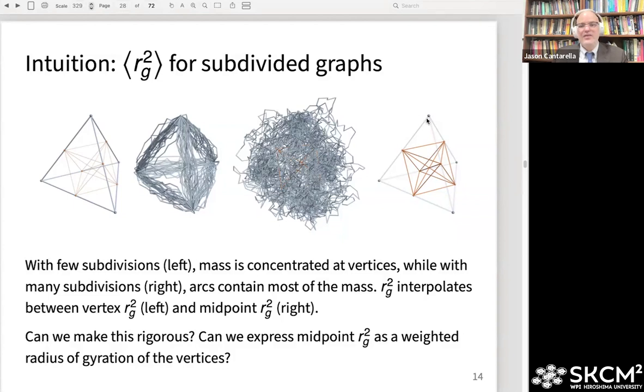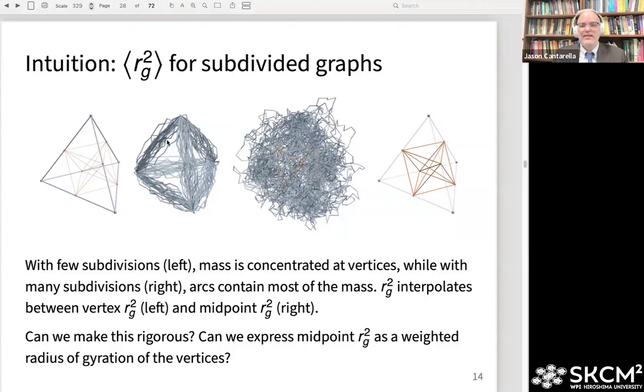And on the right, I've drawn the same complete graph, but with its midpoint graph highlighted instead of the original graph highlighted. So the idea is, as the number of subdivisions increases, the picture gets more like this midpoint radius of gyration and less like this vertex radius of gyration on the left.